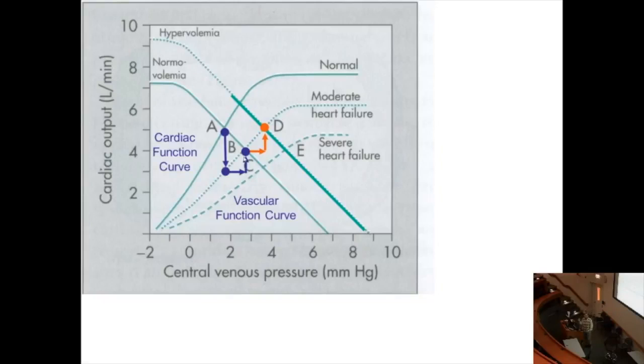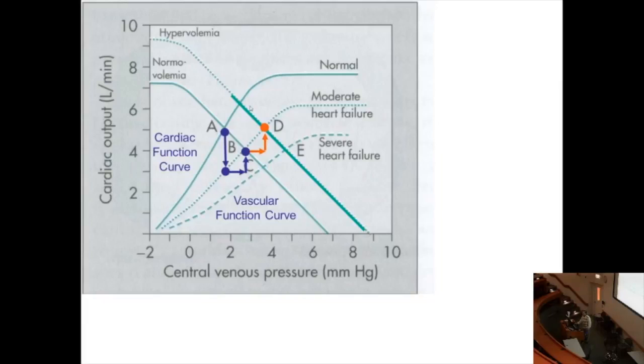And now we have a new operating point, and you will notice that it is at 5 liters per minute, which is the normal cardiac output. So your system is compensated in part, by retaining fluid and causing the stroke volume to go up to a new operating point.